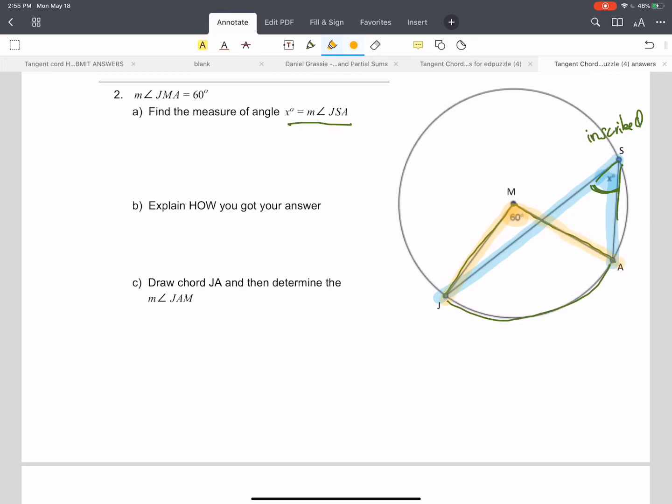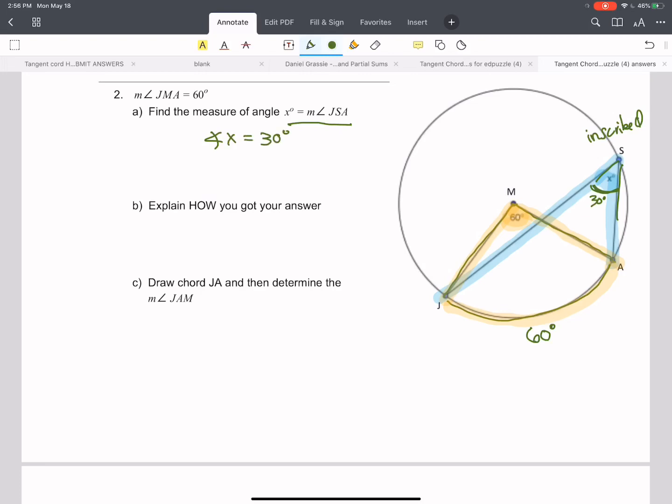That's a central angle. So if that's 60, this arc has to be, you said it, 60 degrees. So now I can figure out what the inscribed angle is, and that's half, and that's 30 degrees. So this angle, X, is equal to 30 degrees.